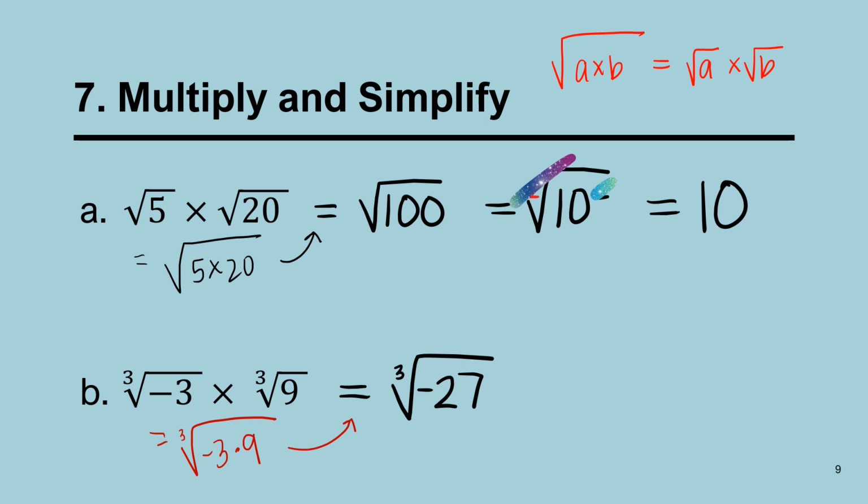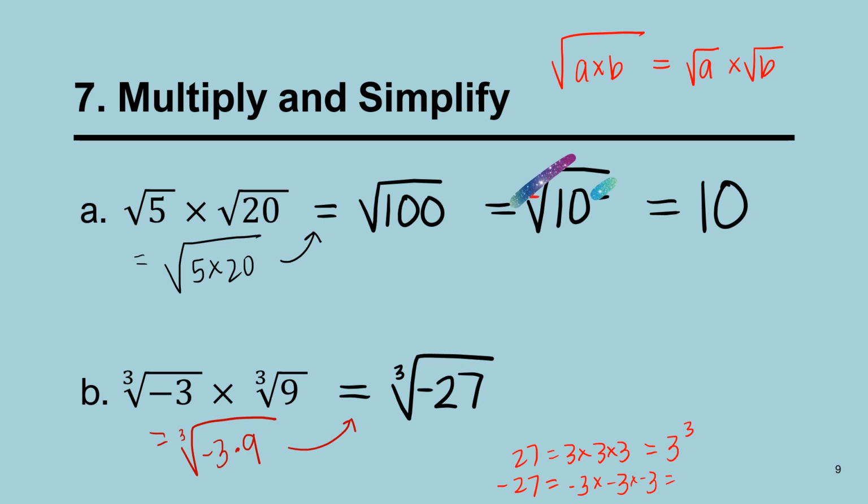Now you want to ask yourself, we know that 27 is a perfect cube. How could we get negative 27? We know that 27 is 3 times 3 times 3, or 3 cubed. What about negative 27? What if we did negative 3 times negative 3 times negative 3?